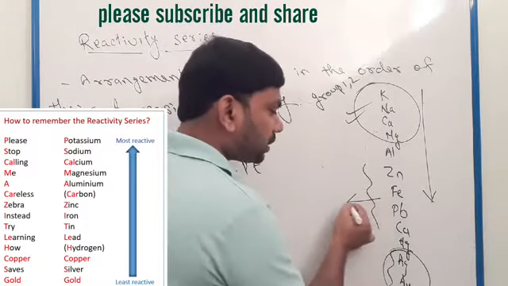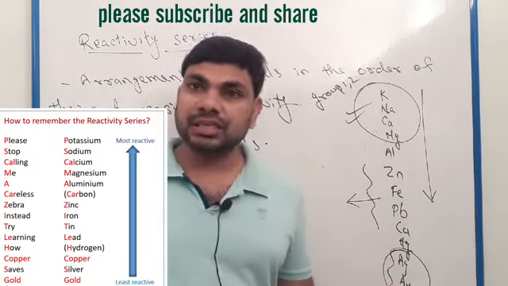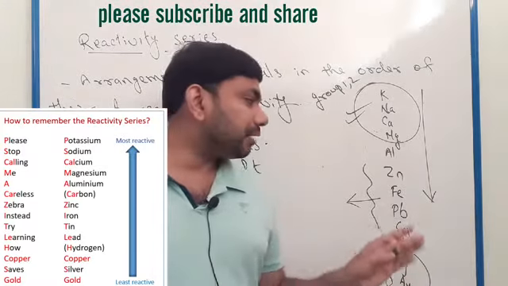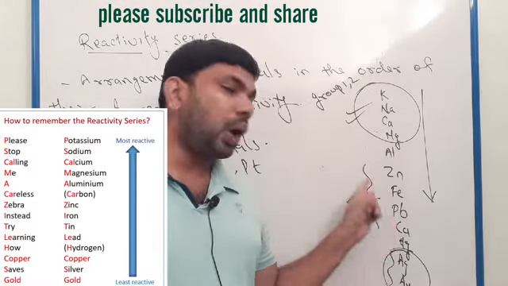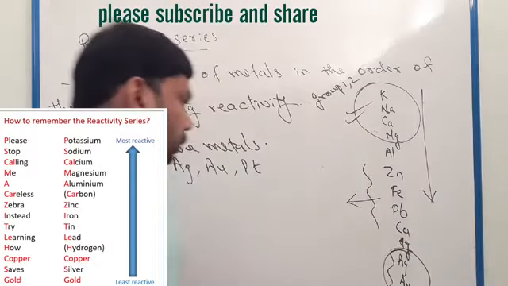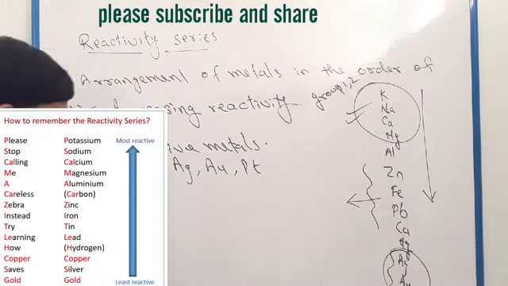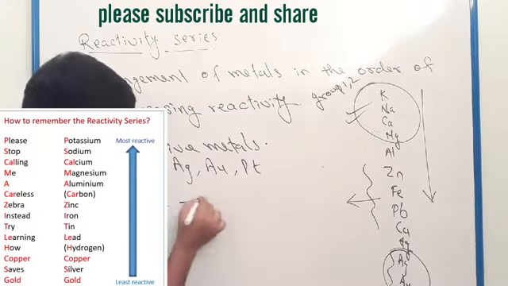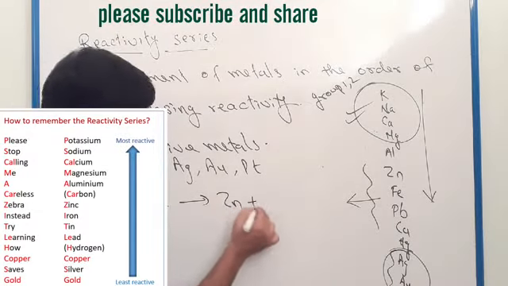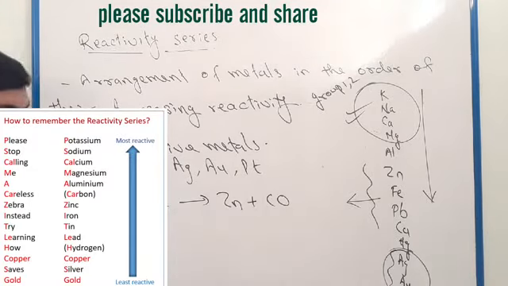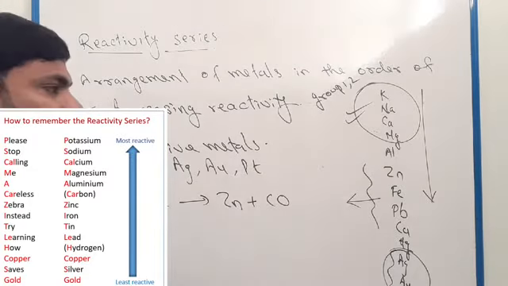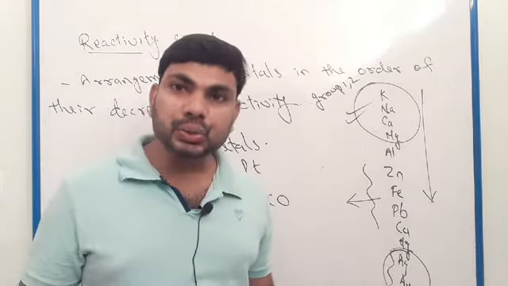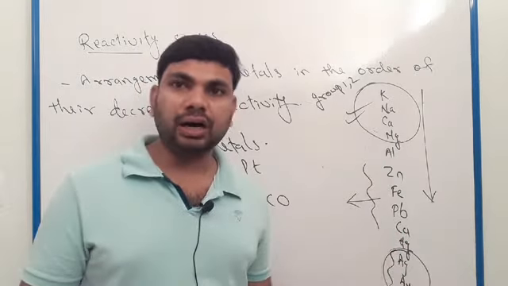Also, for metals which come in the middle of the reactivity series, we can reduce their metal oxide with carbon.